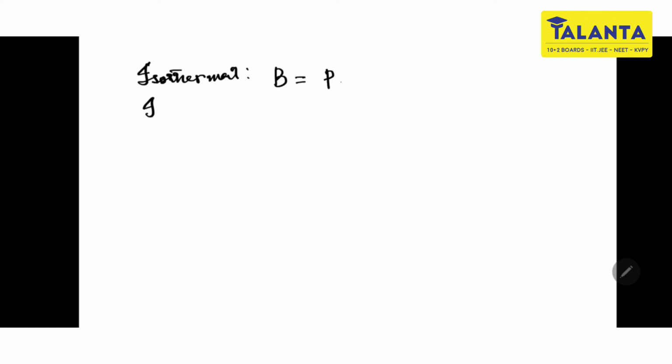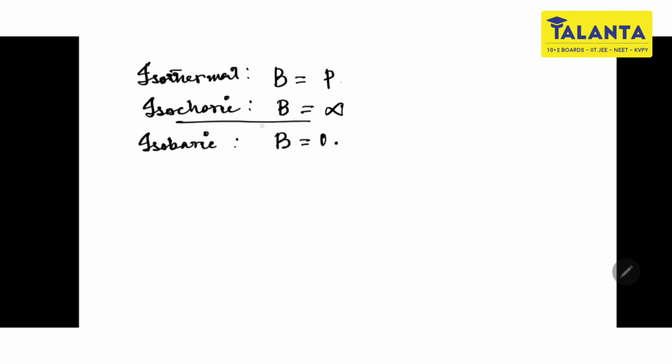For isochoric process, bulk modulus equals infinity. For isobaric process, bulk modulus equals 0. As in isochoric process, volume is constant, and in isobaric process, pressure is constant.